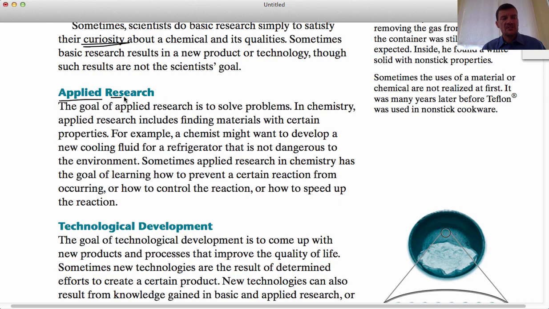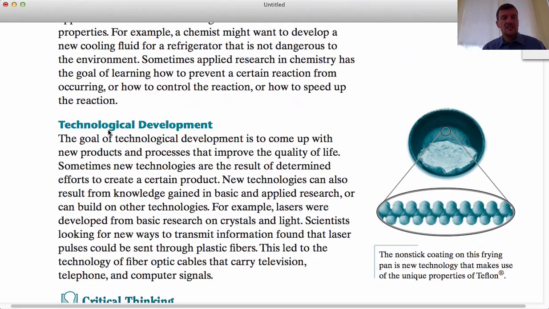Applied research, again, it's research, but it is specific research that is going to maybe have some goal involved. So you're going to solve some problem with applied research. Technological development: anytime you're doing some research, there's going to be discoveries that allow you to develop something, advance something, improve something, and that may have to do with some type of technology.